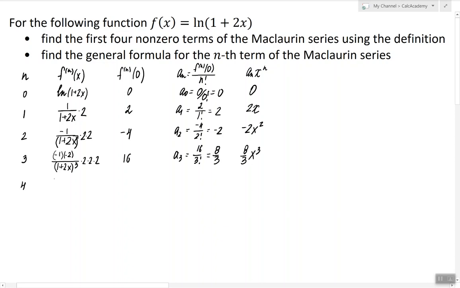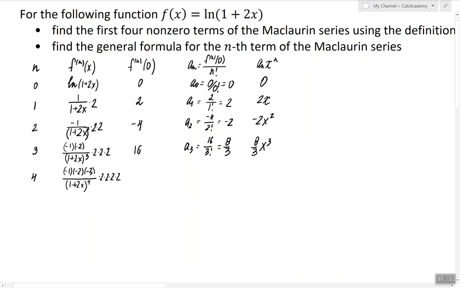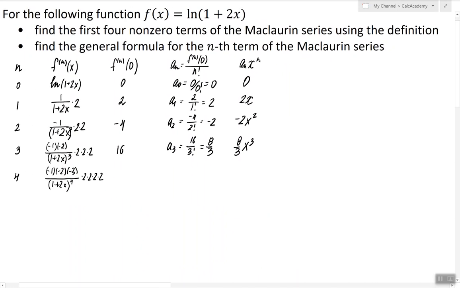Next, we have negative 1, negative 2, negative 3. The power in the denominator goes up by 1. I'm just using the power rule, and multiply by another 2. So evaluating this at 0 gives me negative 96.